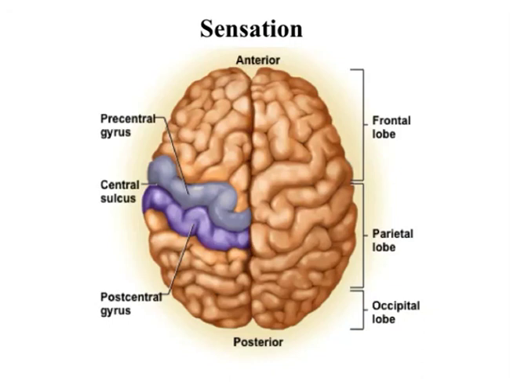For a map of these association areas and for a detailed look at the mapping of the pre and postcentral gyrus, you want to refer to page 541 in your text, figure 14.21, which shows you where the association areas are relative to the different lobes of the brain.